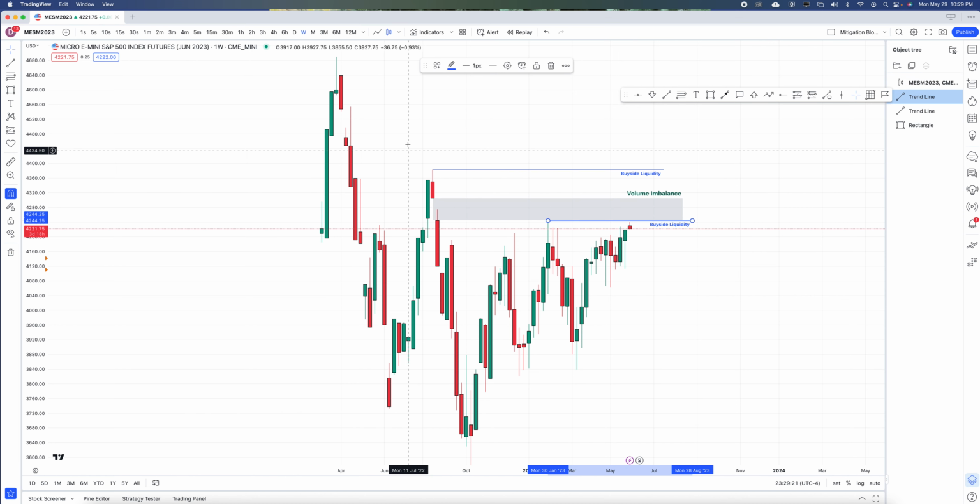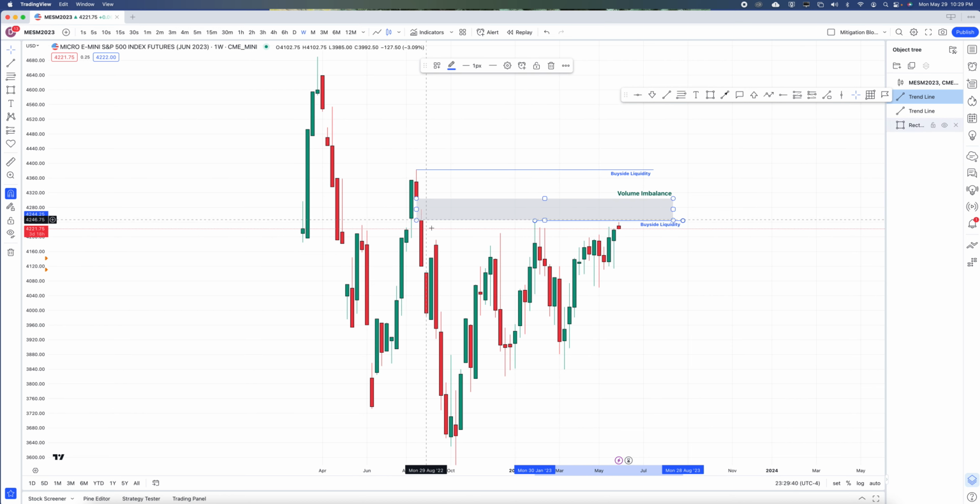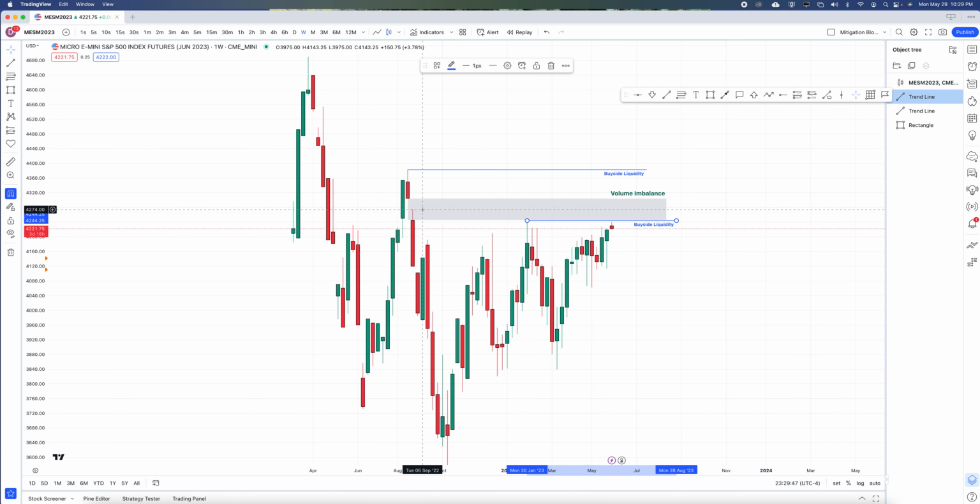Just because there is volume here on the continuous contract does not mean that the contract month for this particular asset, the S&P, has it.